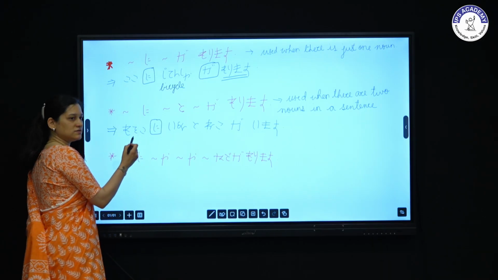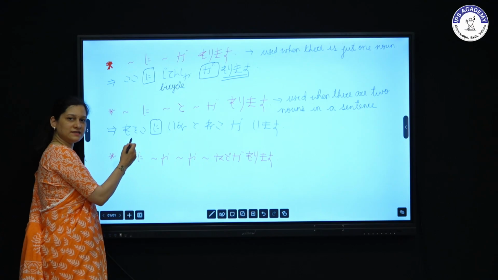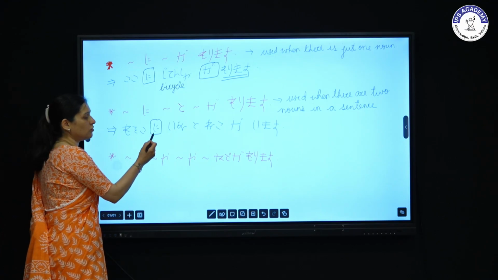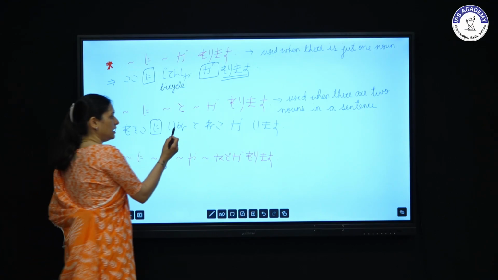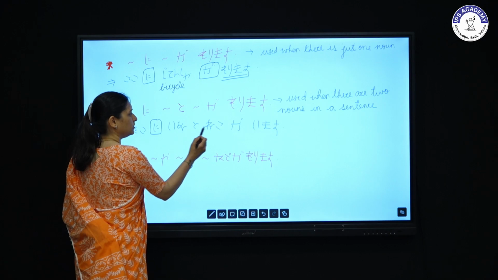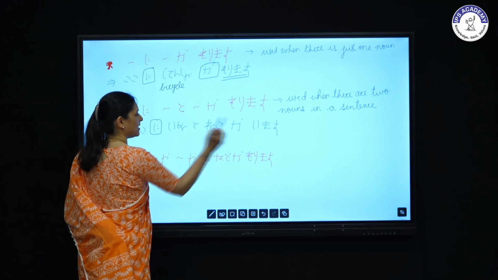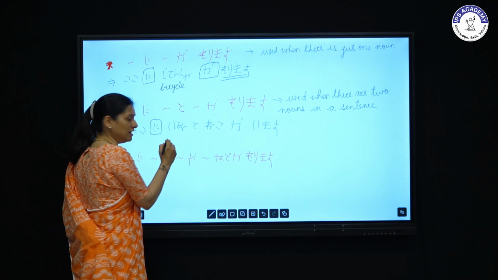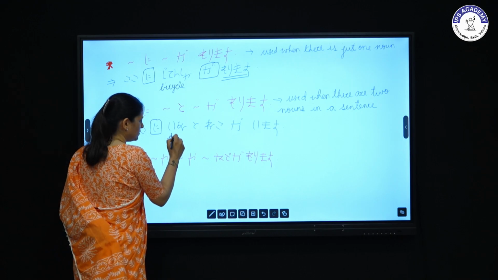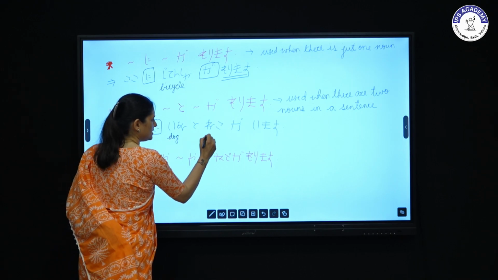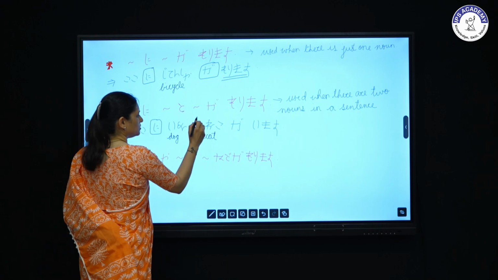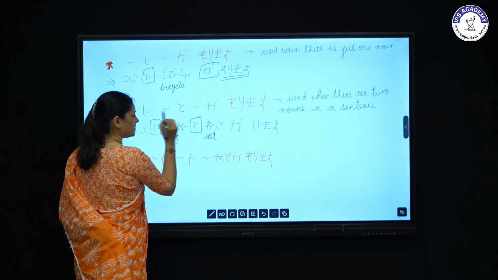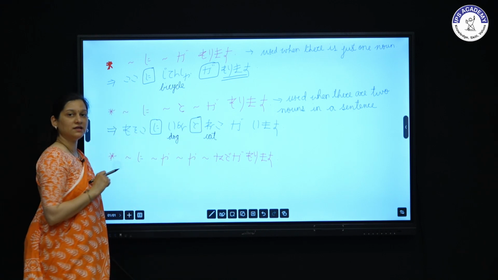Ni particle is used after the word which tells the place. So, asoko, after asoko we will use ni particle. Inu to neko ga imasu. These are two nouns, two objects. Inu wa nan desu ka? Dog. Inu is dog and neko is cat. So, these are two different nouns. That's why they are joined using to particle.